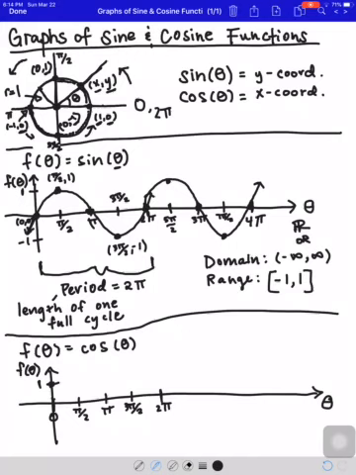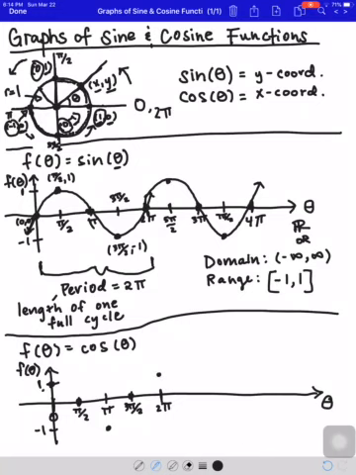At an angle of pi over 2, my function value is 0. At an angle of pi, my function value is -1. At an angle of 3 pi over 2, my function value is 0. And at an angle of 2 pi, my function value is again 1.